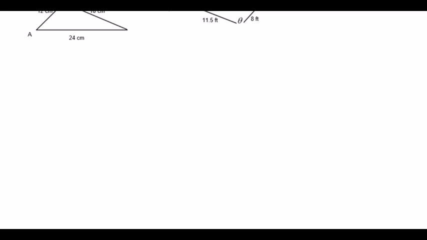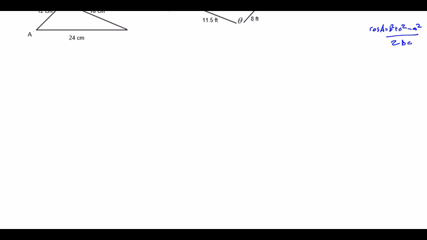Remember, the basic form of the equation is cosine of A is equal to B squared plus C squared minus A squared divided by 2BC.